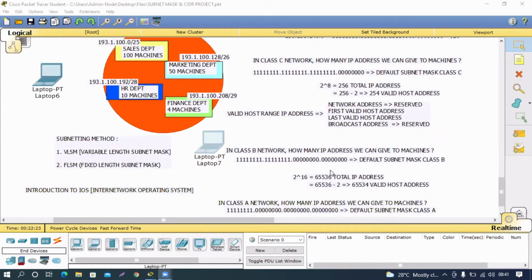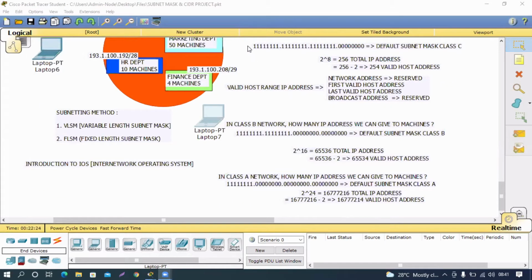Similarly, if I talk about a class A network, how many IP addresses will be wasted? 16,777,214 minus 100 will be 16,777,114, right?